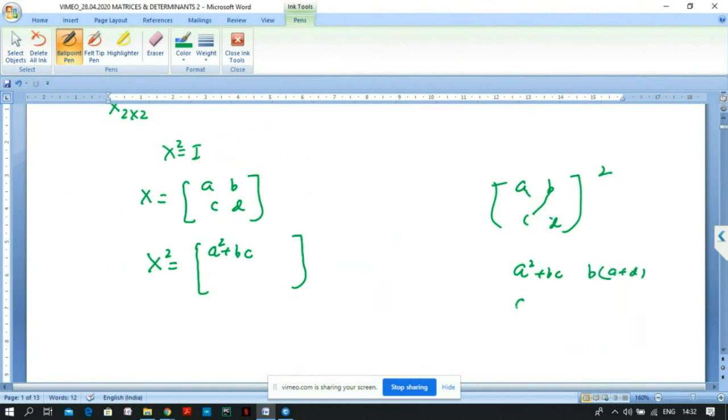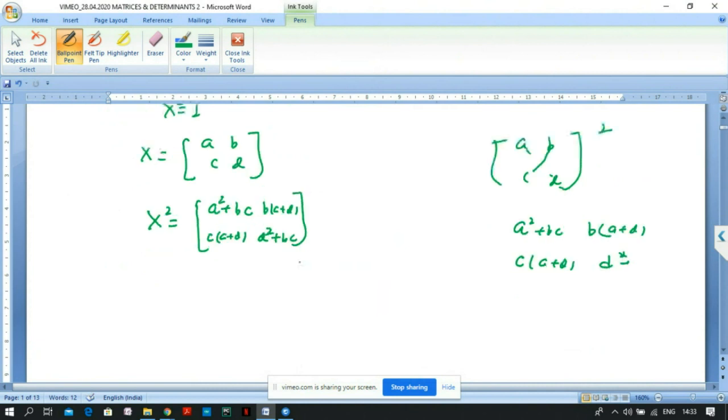And similarly here C times A plus D, and this is D squared plus BC.